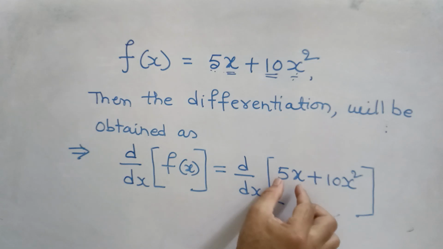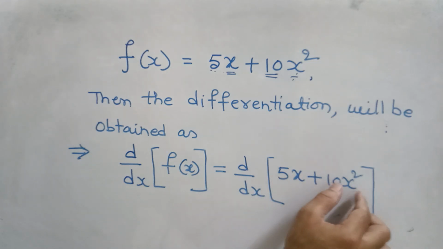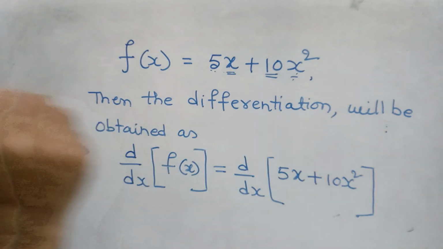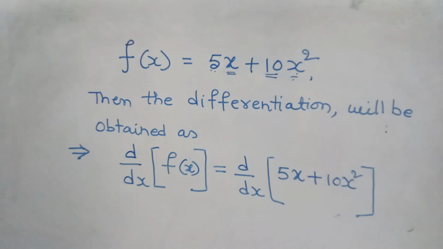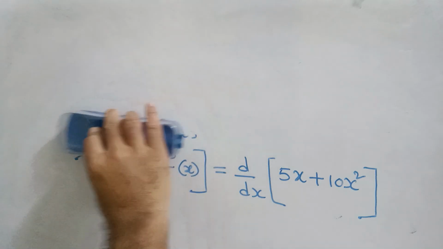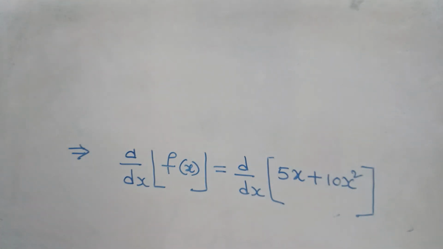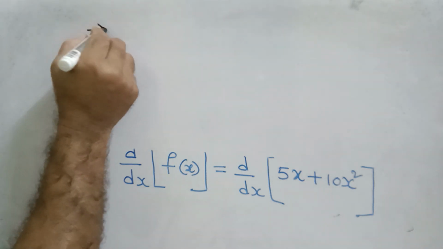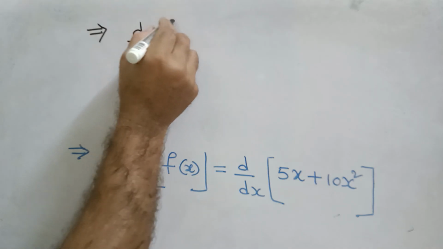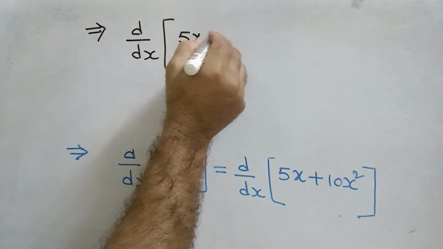There are two terms, 5x plus 10x square. This is one term plus another term, therefore you expand as two parts. So this implies d by dx of 5x plus 10x square.